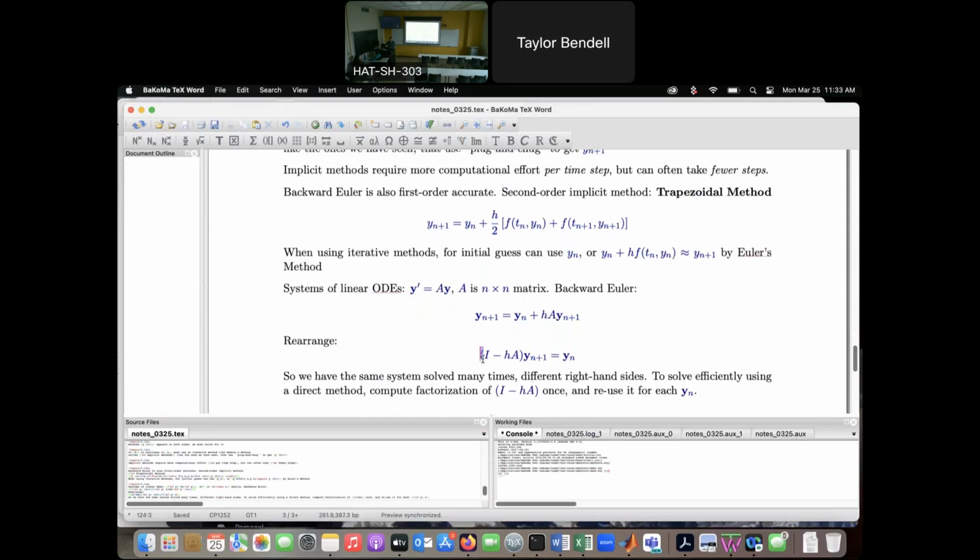So you compute your LU factorization of this, or if you happen to know that this is symmetric positive definite, which can happen, like if this system of ODEs is based on a PDE, you can do a Cholesky factorization, whatever factorization you need, and then you keep reusing those factors.